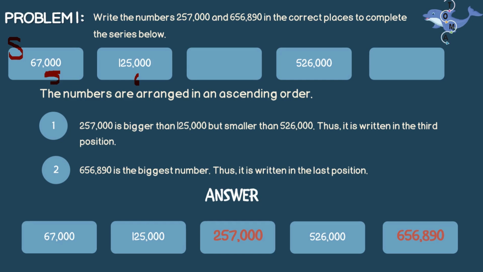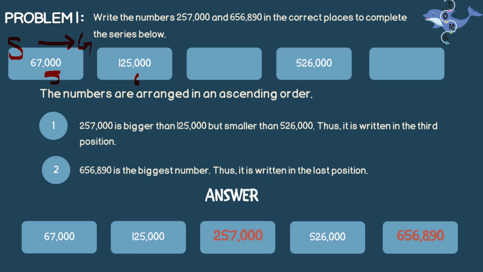So basically the numbers are written in which order? Smallest to the greater. Yes, greatest means we are going to write down these numbers in ascending order. Here we have 257,000 as the bigger number, 125,000 but smaller than this number, 526,000.